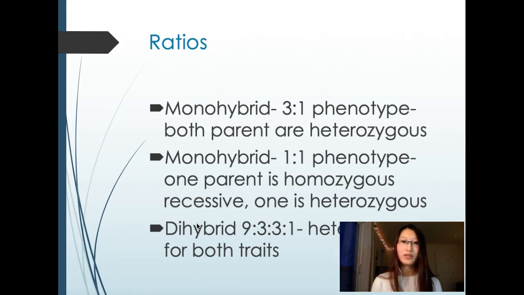Last one, whenever you do a dihybrid cross where both parents are heterozygous, remember the one we did in class one of those days, Thursday, big R, little r, big Y, little y crossed with big R, little r, big Y, little y, again you would have a 9-to-3-to-3-to-1 ratio for the phenotype. So these are just some numbers for you to remember.